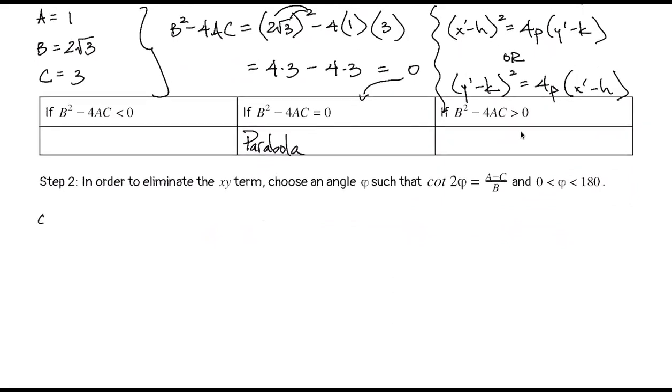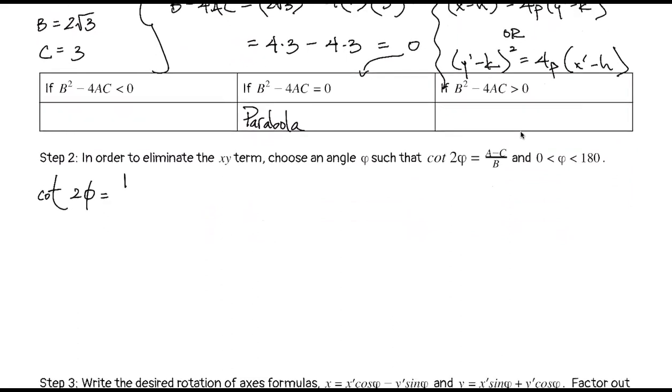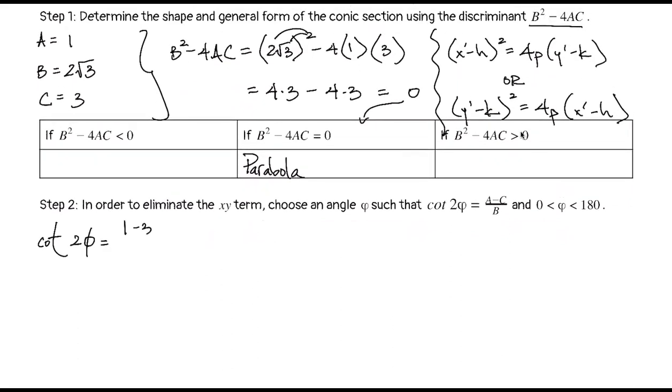So our cotangent 2 phi equals A minus C over B. That gives us negative 2 over 2 root 3, which I can reduce. And this reduces to negative 1 over root 3. Okay.